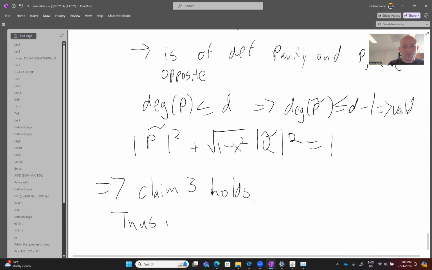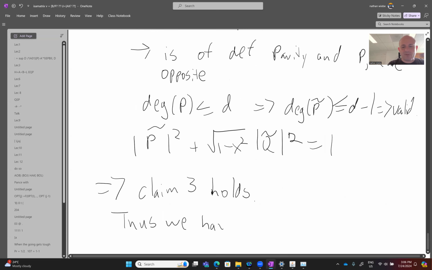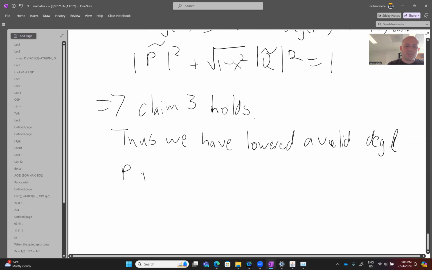Thus, we have lowered a valid degree L polynomial to a valid degree L minus 1 polynomial by choosing this.